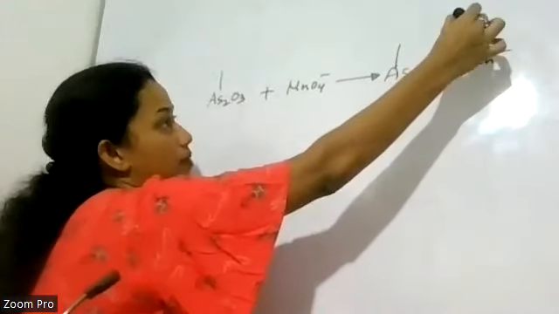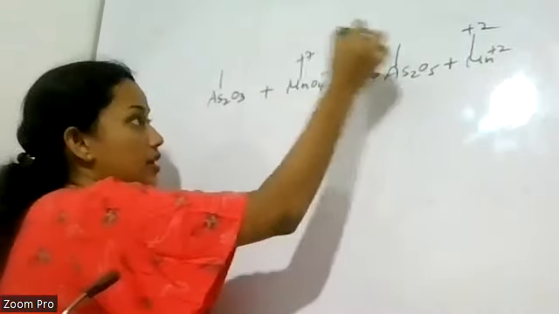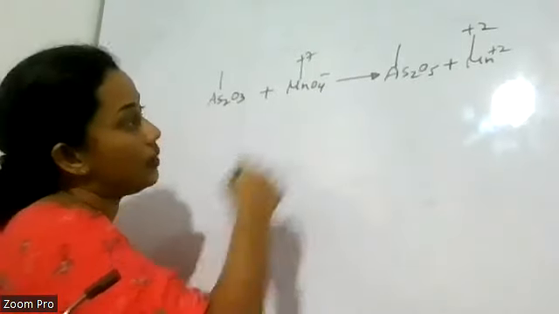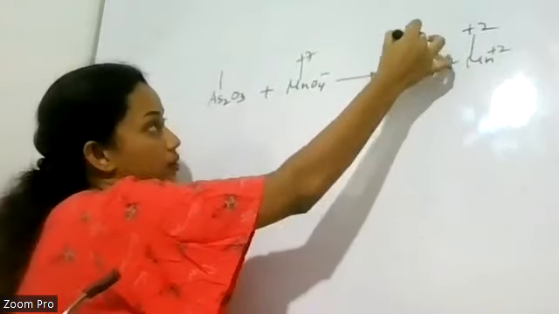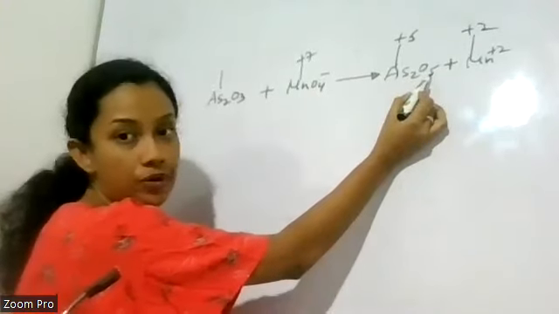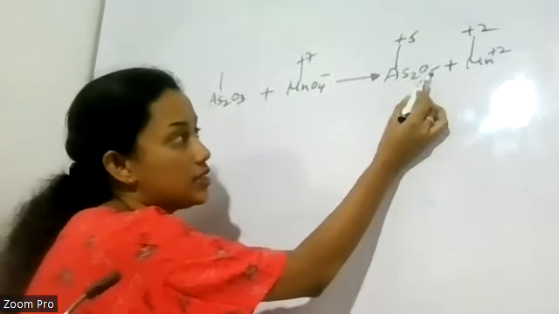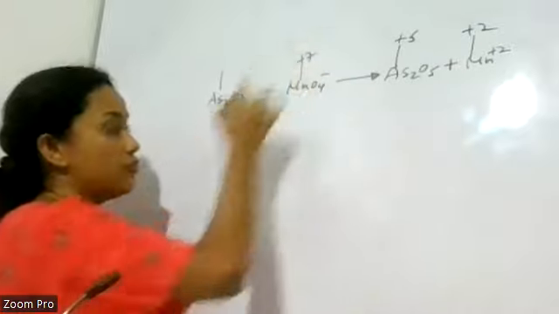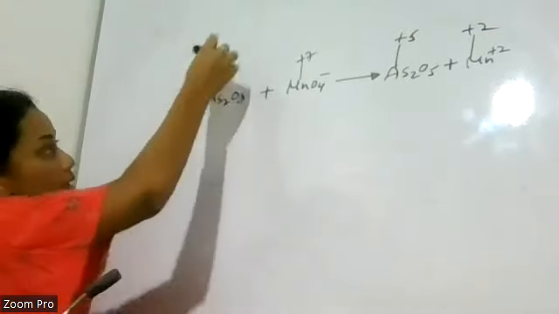Then the oxidation numbers: manganese plus 2 and manganese plus 7. Here arsenic is plus 5, because minus 2 into 5 is minus 10, balanced by 2 arsenic plus 5 each. Here plus 3.